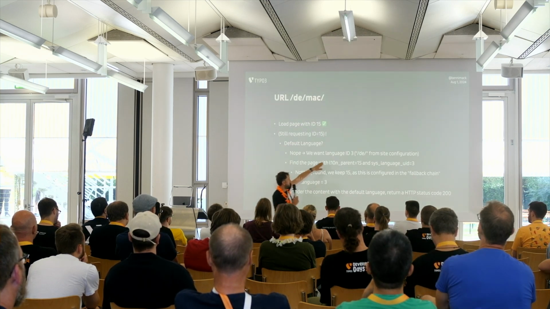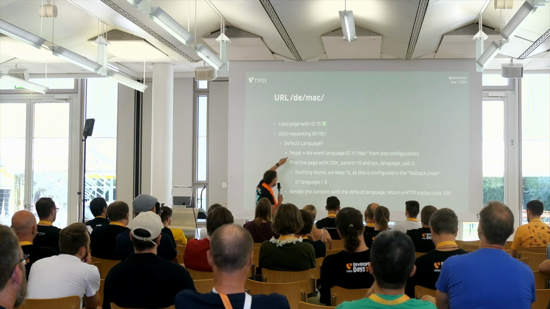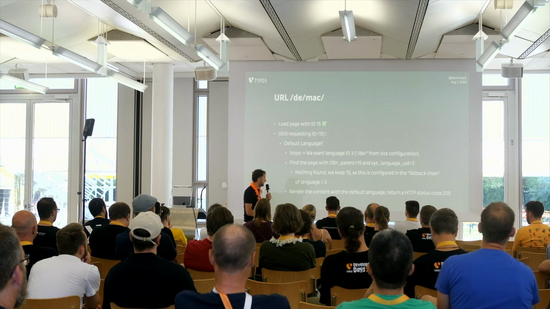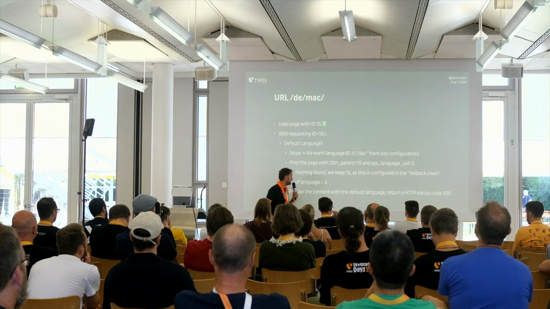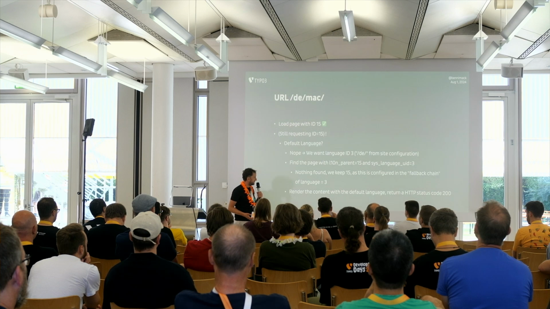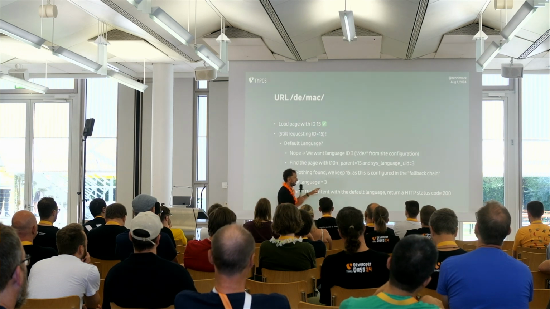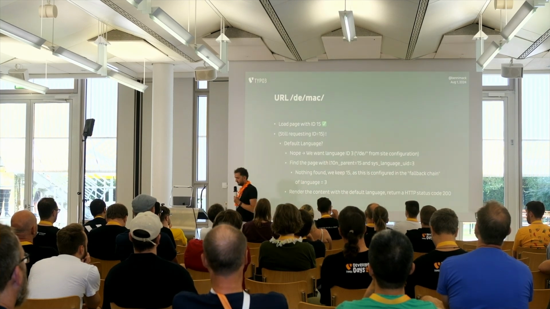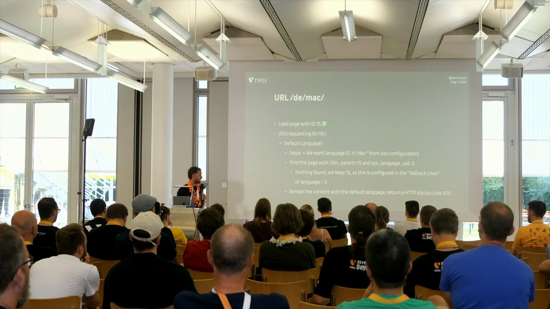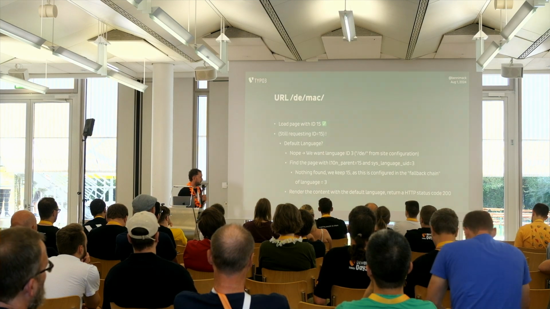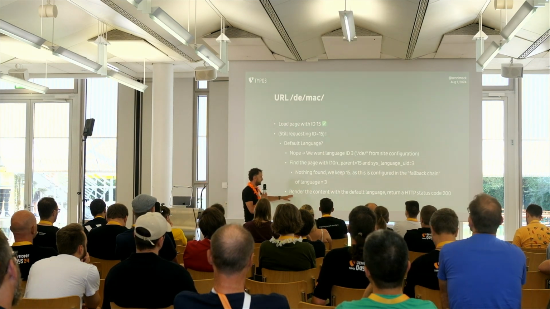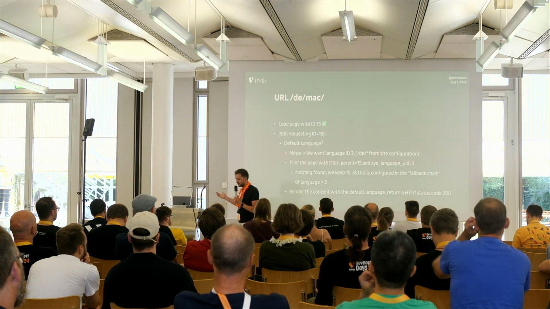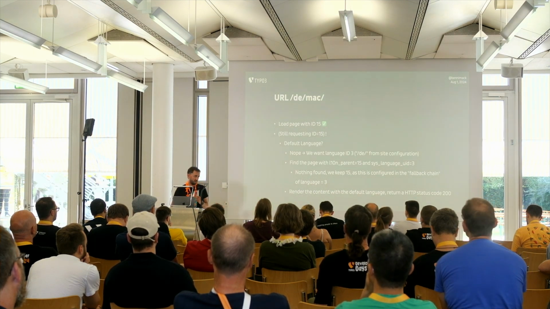Oh, we want language 3, and then we look for the language 3 L10N parent 15, but we didn't find anything. But the default language is configured in the fallback chain, and that's why we keep the record and say that's totally fine, and we just return the content with the English language and not with the German language. We don't have one. Sometimes people want this.